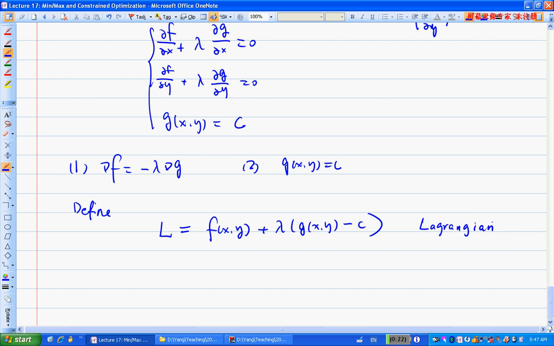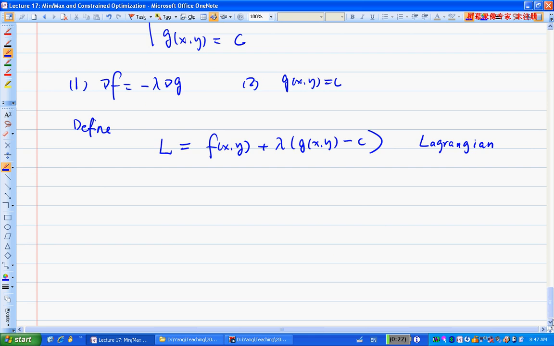In mechanics, there are two very famous ways of doing formulation. One is called Lagrangian. The other is called Hamiltonian. So this is actually a fundamental concept of the so-called Lagrangian formulation. Right.